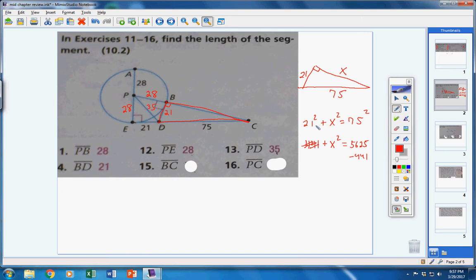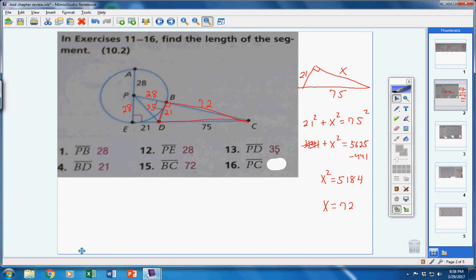And you will get 5,184. Take the square root of both sides and you will get 72. So the square root of 5,184 is 72. So the length of BC is 72.